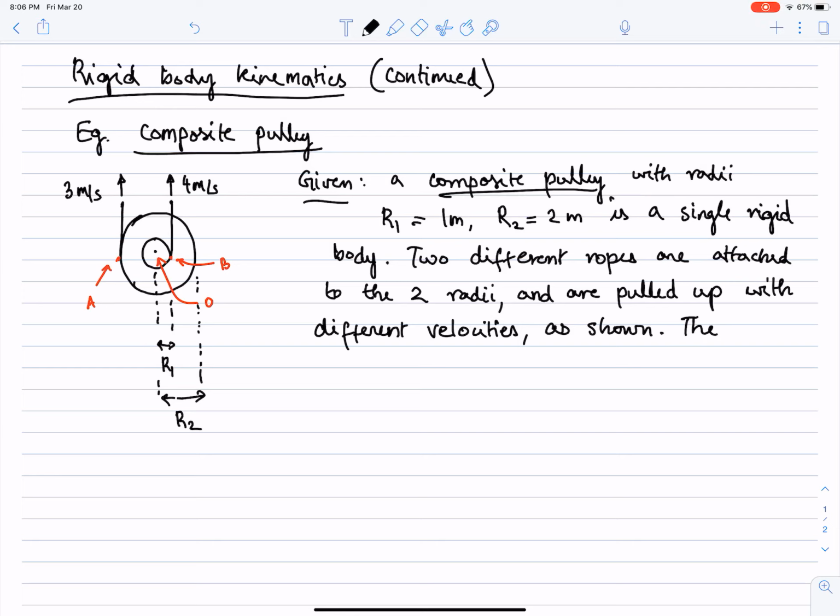The most important condition is that the ropes do not slip against the pulley. Okay, so no slip.